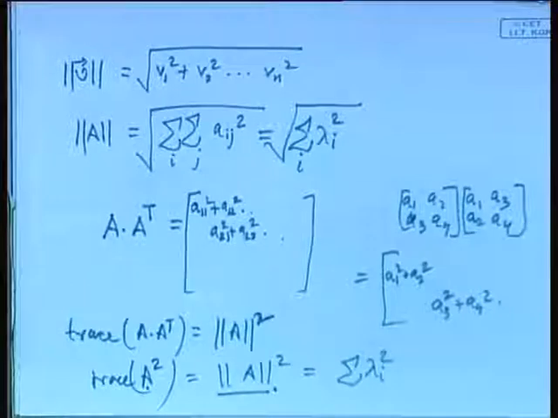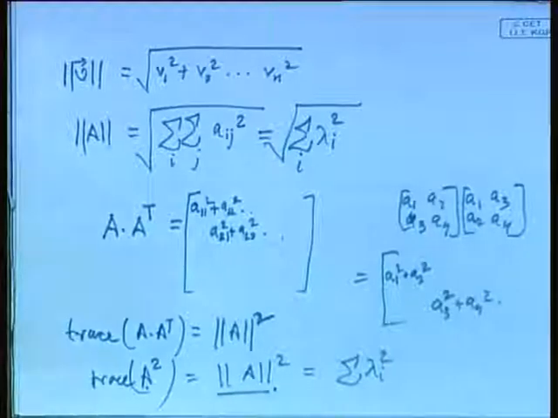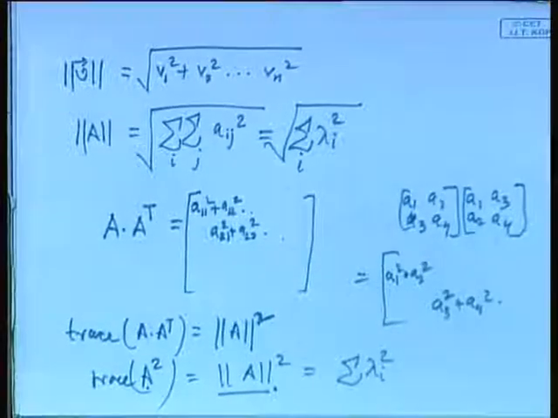So you got two very important properties for estimating what the eigenvalue spectrum will look like. If you take the squares of all the eigenvalues, their sum should equal the sum of the squares of all the values in the matrix.